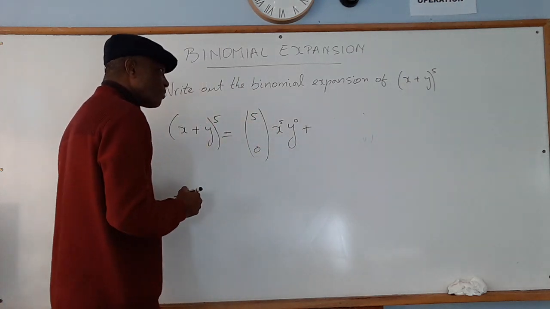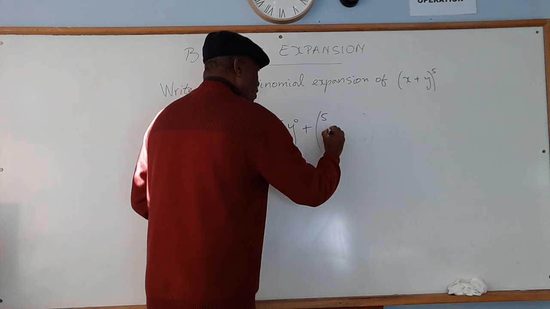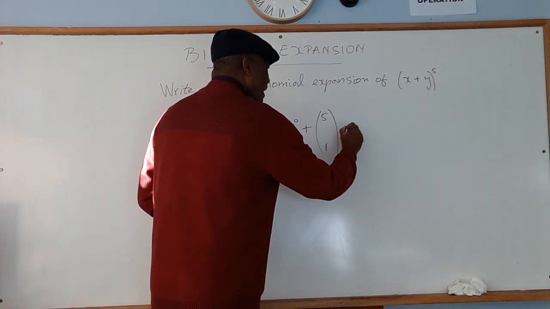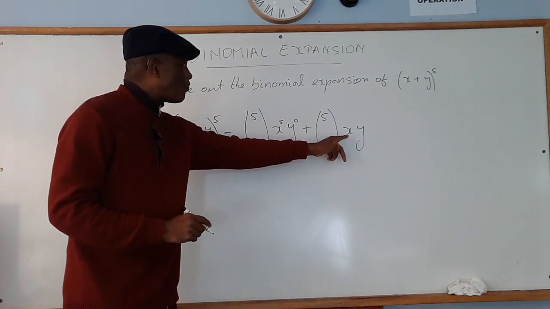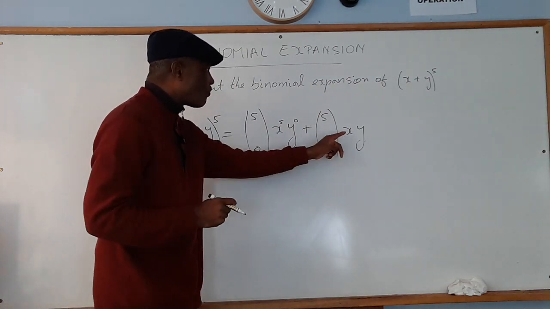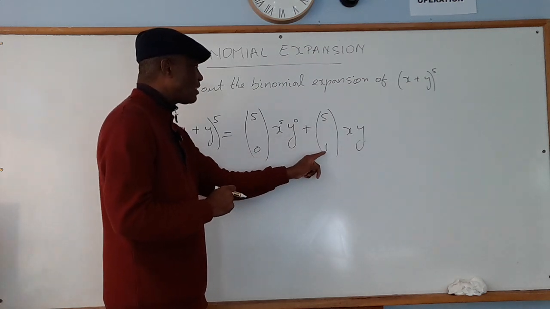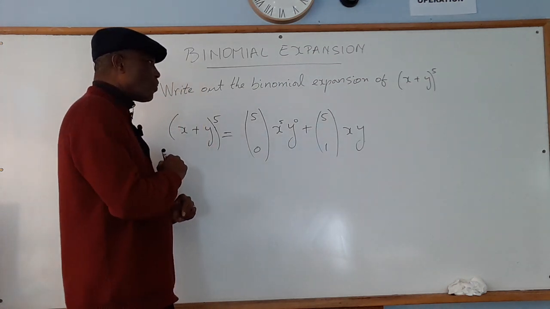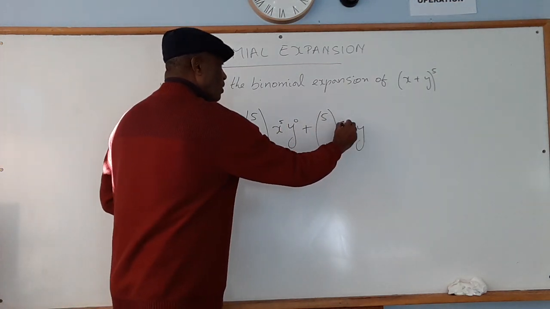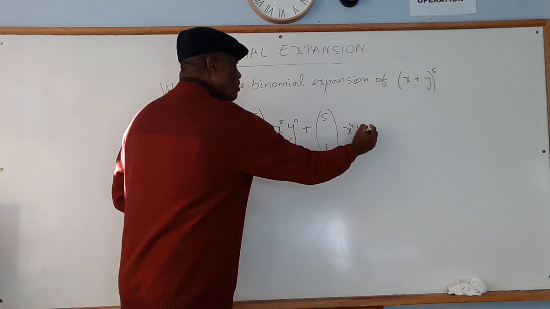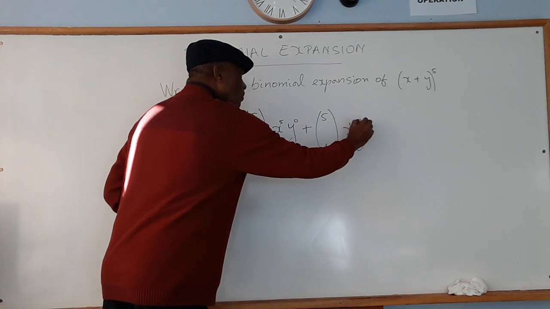And then the second term will be 5C1 times x, y, and the power of x will be 5 take away 1. 5 take away 1 is 4. Put 4 there. And the power of y is 1.